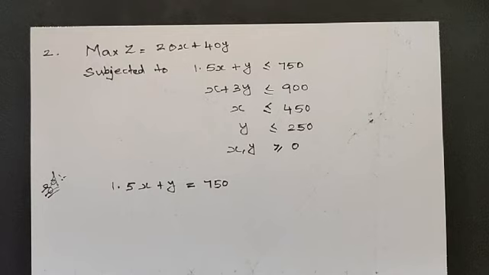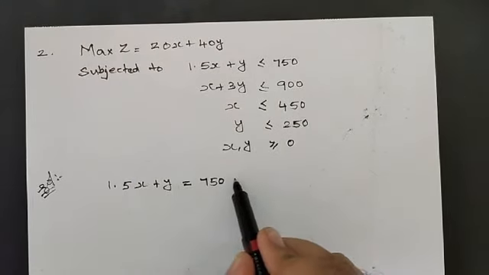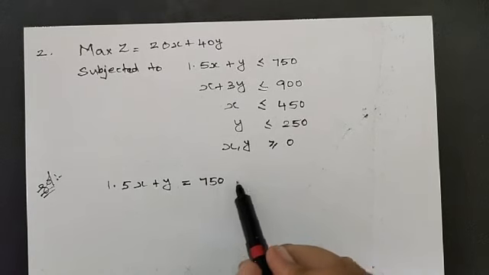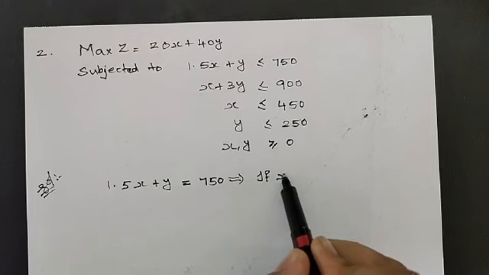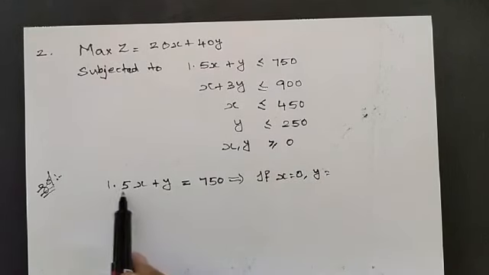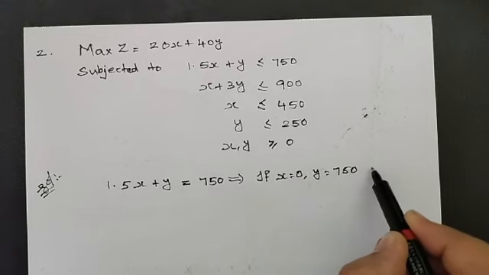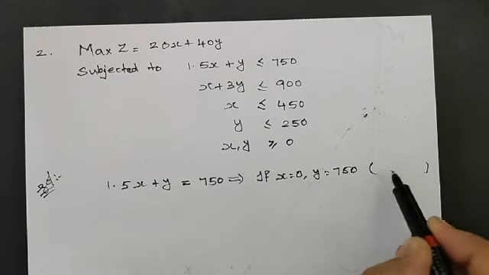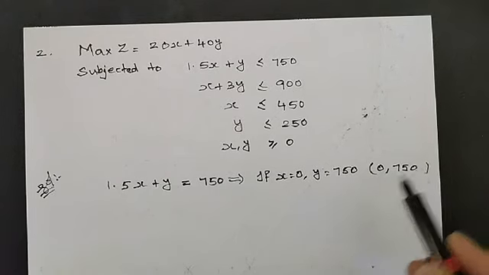Now let us find the vertices of this equation. How to find the vertices? If x is equal to 0, then what is the value of y? If x is 0, this entire term is 0, then y is equal to 750. So if you write those values as a vertex, x value 0, y value 750.